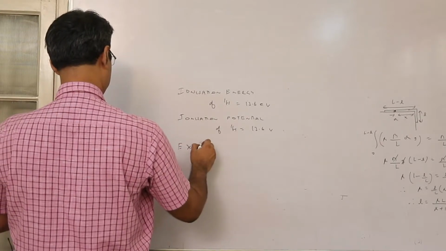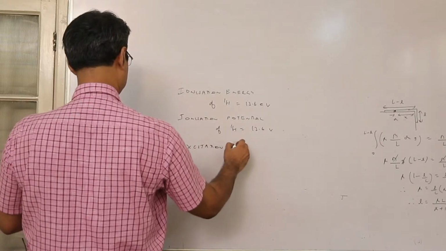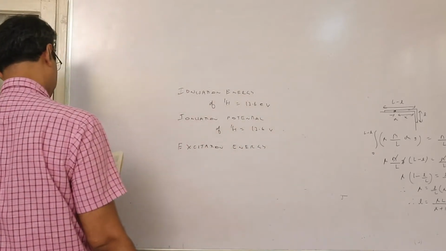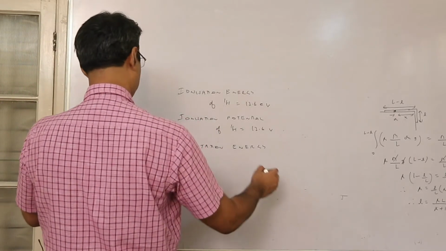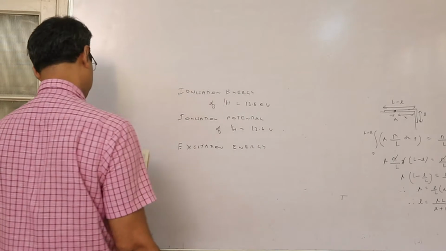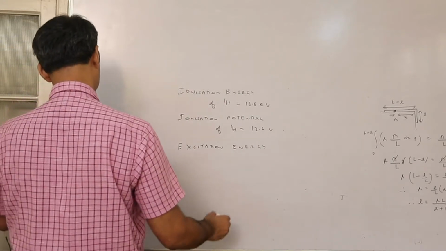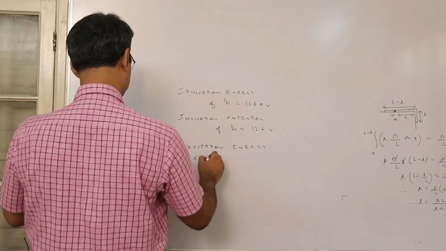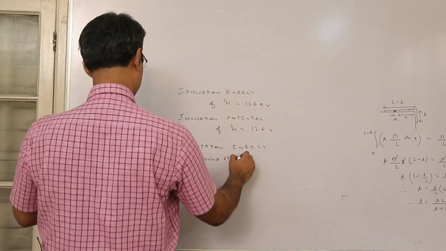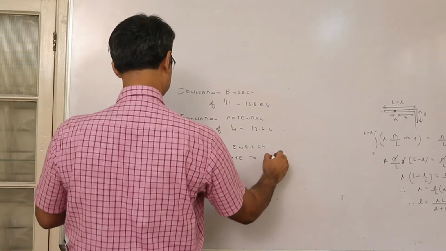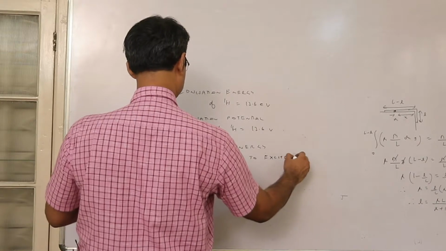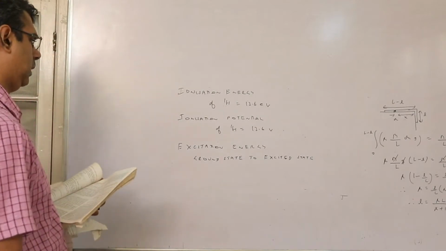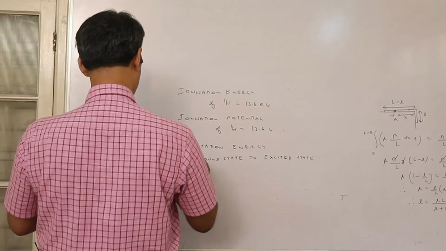Now there is a similar topic. Excitation energy. So excitation energy is the energy required to go from ground state to excited state.